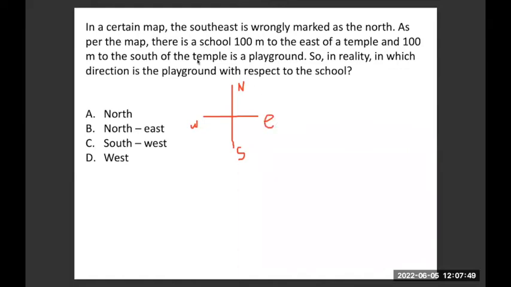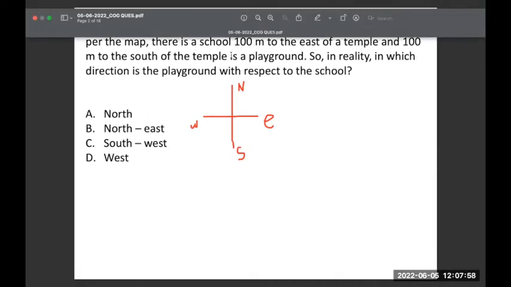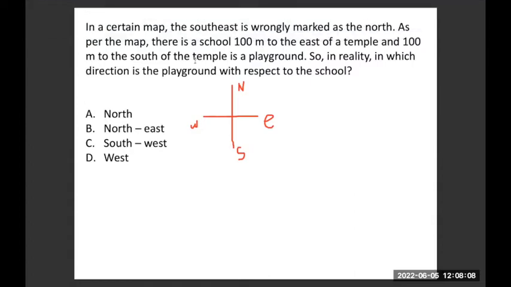What we do in this kind of question is we start building upon it as we go ahead. As per a map, there's a school 100 meters to the east of a temple, and 100 meters to the south of the temple is a playground.